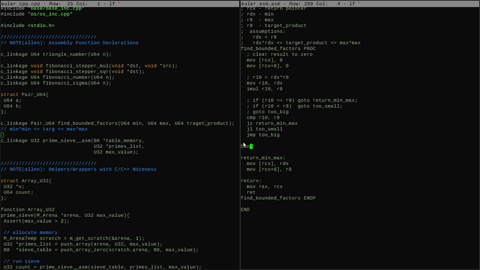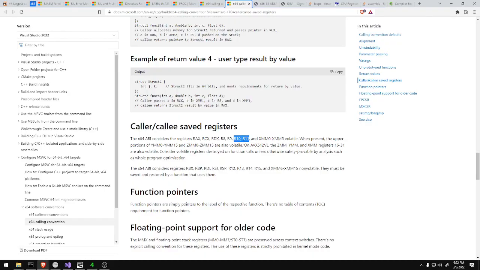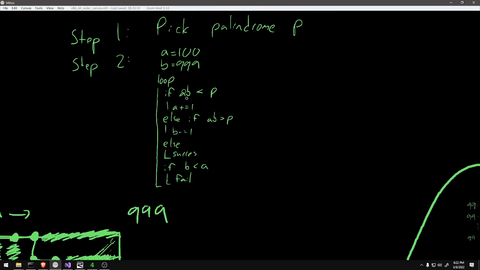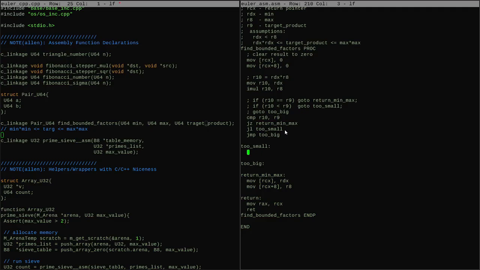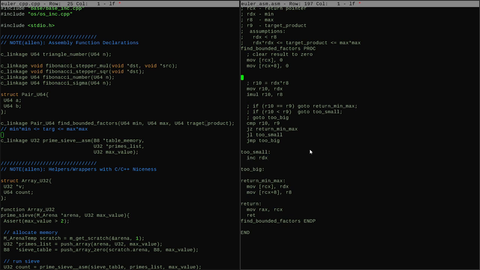Okay, then we want to write a too small case and a too big case. So when we find that our product is too small, so what we're seeing is A times B is less than P, the target. Then we want to increment RDX. And yeah, what we'll do is we'll have this be loop 0.